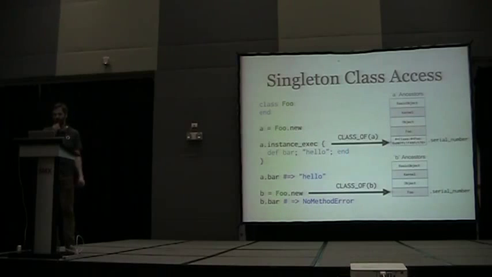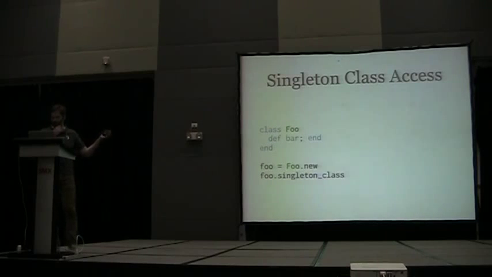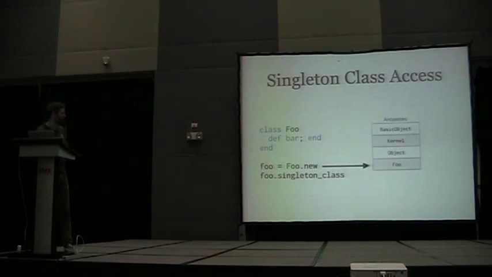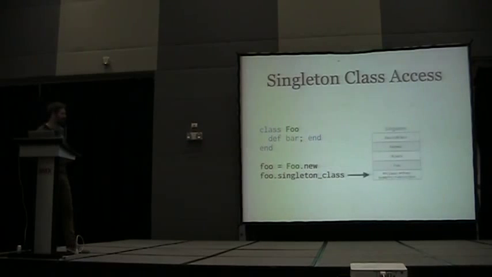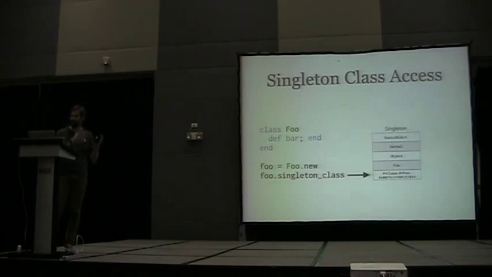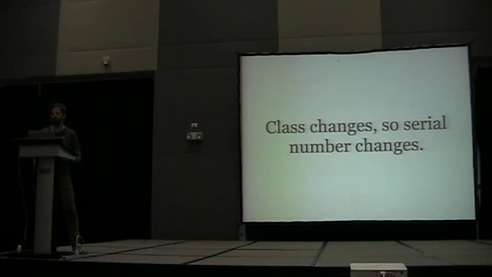If you look at this code, at foo.new, at that particular location, this is what the ancestors look like: Foo, Object, and Kernel. And as soon as we access the singleton class, Ruby automatically, behind the scenes, creates this singleton object for us. Now the class changes, so the serial number also changes.